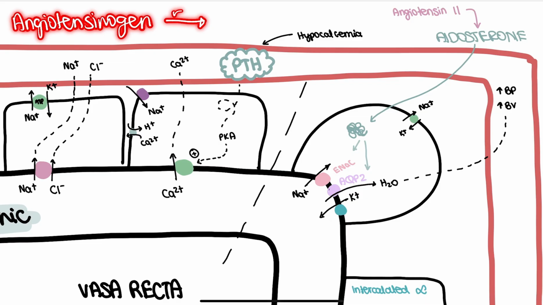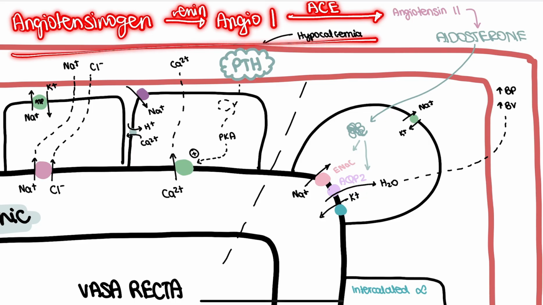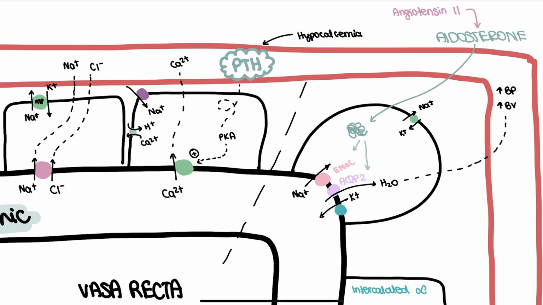It uses renin to convert into angiotensin 1, and this converts into angiotensin 2 by using an angiotensin converting enzyme. And this happens in various parts of the body, but once you get angiotensin 2, it acts on the, I think it's the medullary part, and it helps to secrete aldosterone.